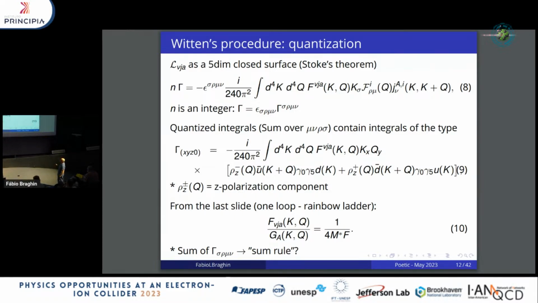And then we just put this whole action term of this coupling of the vector meson to the axial current in a 5-dimensional closed surface. And then by Stokes' theorem, we find that this action term, this is an actual action term, it is quantized, it should be given by multiple integers of a constant.